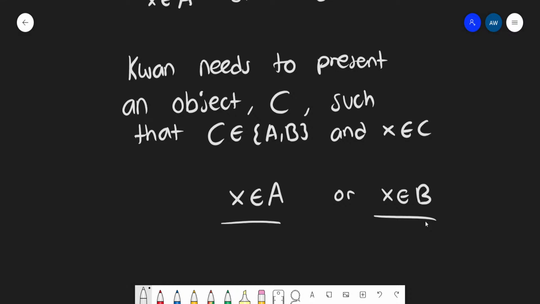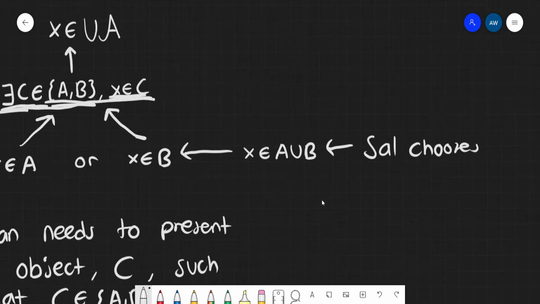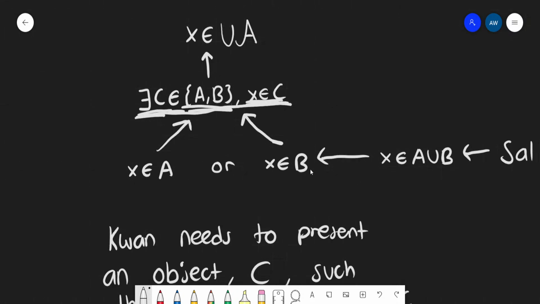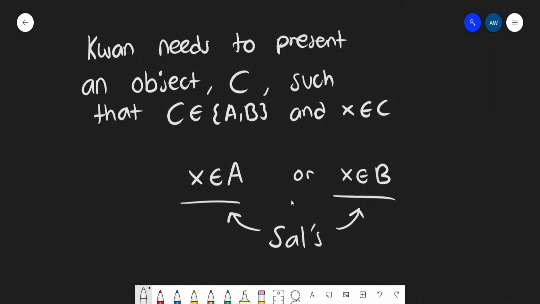This is like Sal's move, right? So Sal can either choose something from A or choose something from B, which is what this means, right? If Sal chooses something from A union B, he's picking something either from A or from B. So this is Sal's choice here.